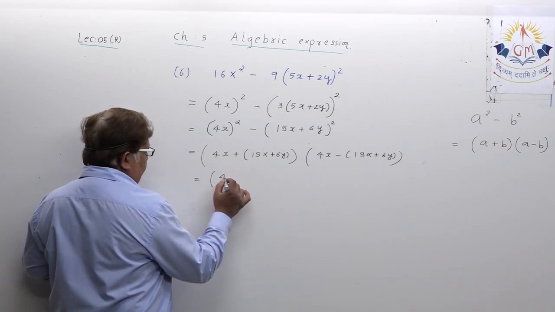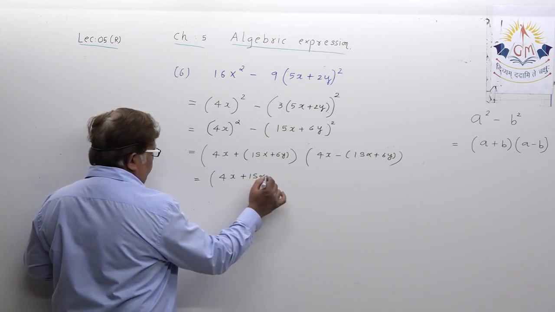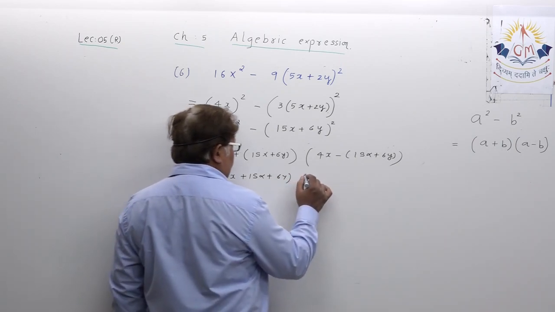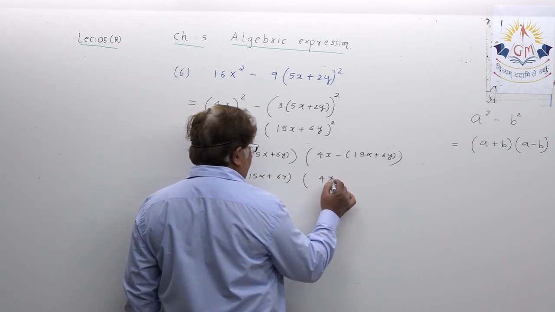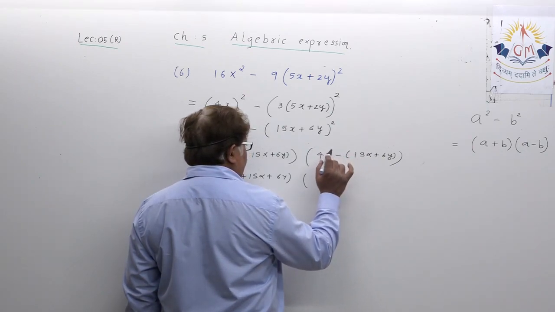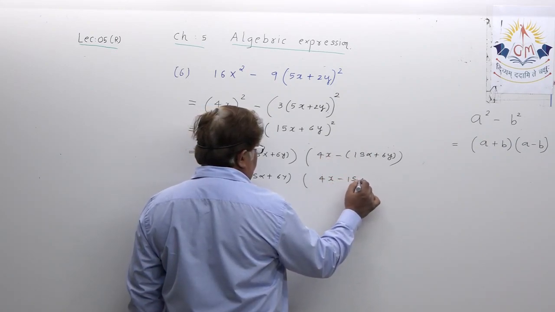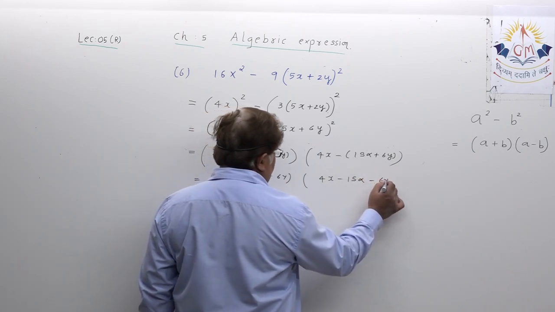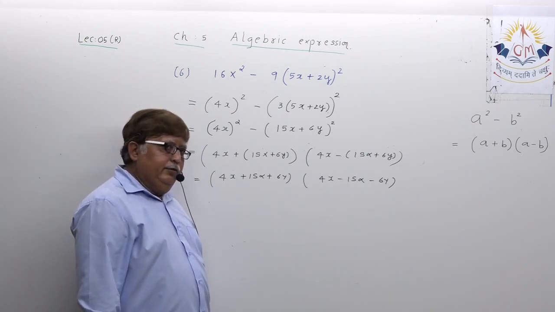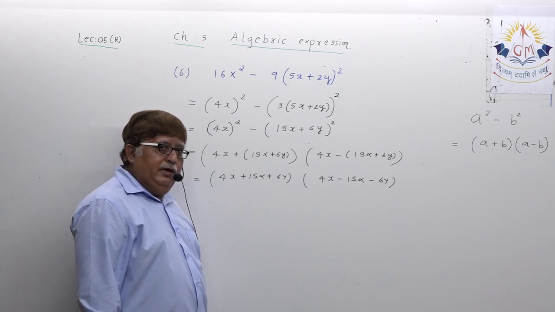Now it's just a question of opening the bracket, plus 15x plus 6y, and here, dear student, 4x, open the bracket with negative sign, minus 15x minus 6y. I am speaking the same statement again, up to the last.